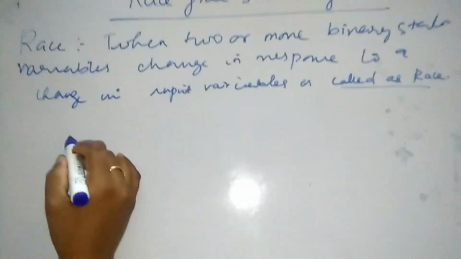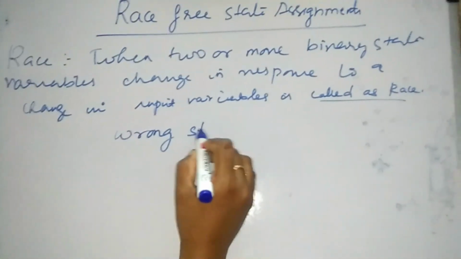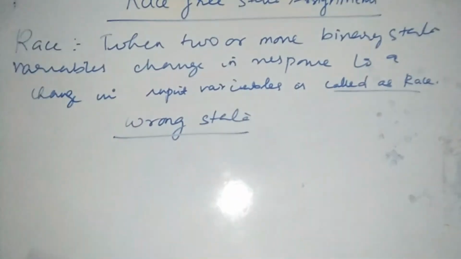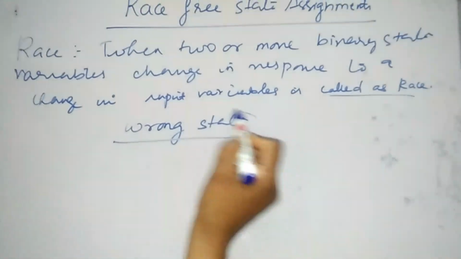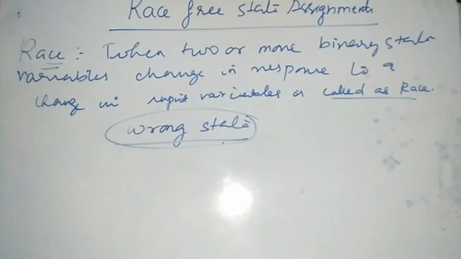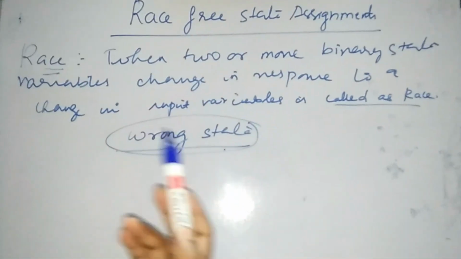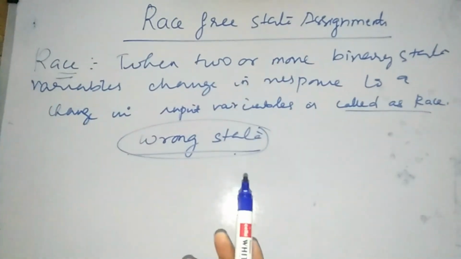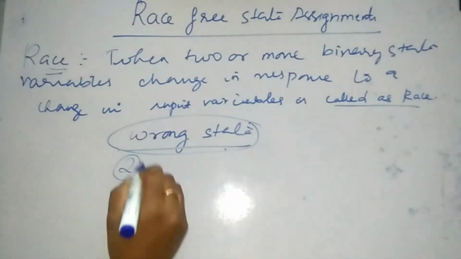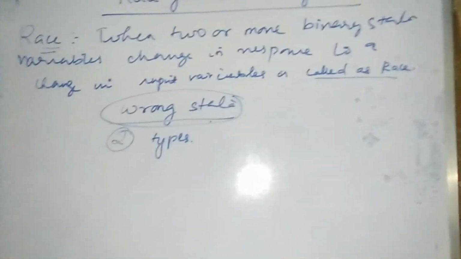Okay, so we should avoid this race, otherwise it will end up in the wrong state, right? So this is very important. To overcome this, we have to find out how exactly the race is causing the wrong state and how do we make a circuit race free. There are two methods of eliminating the race.